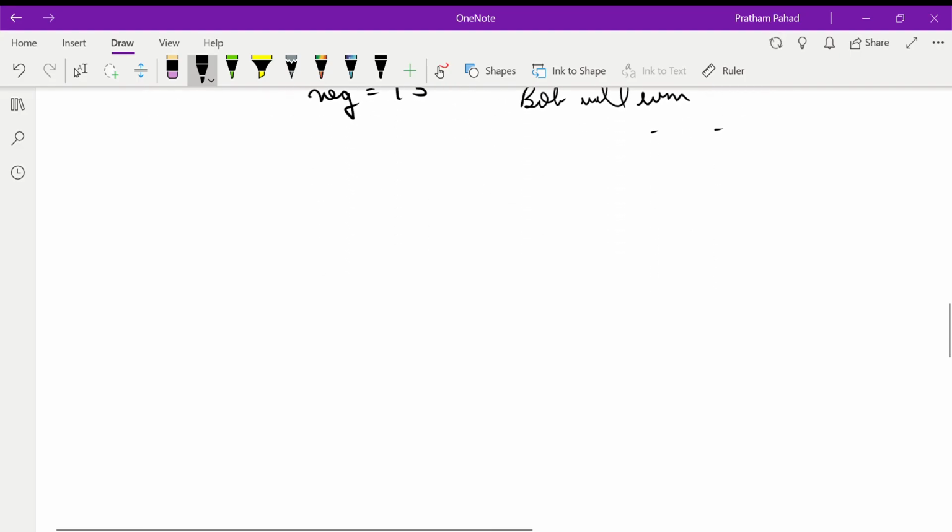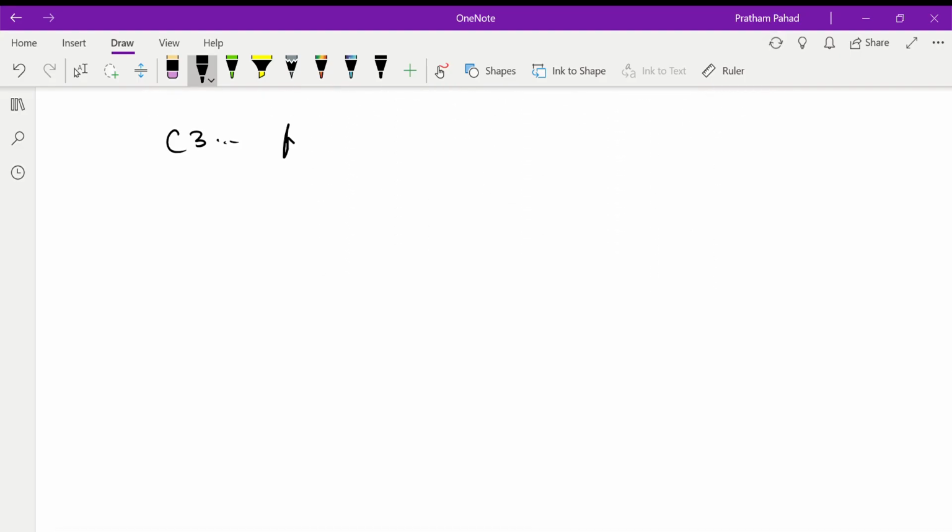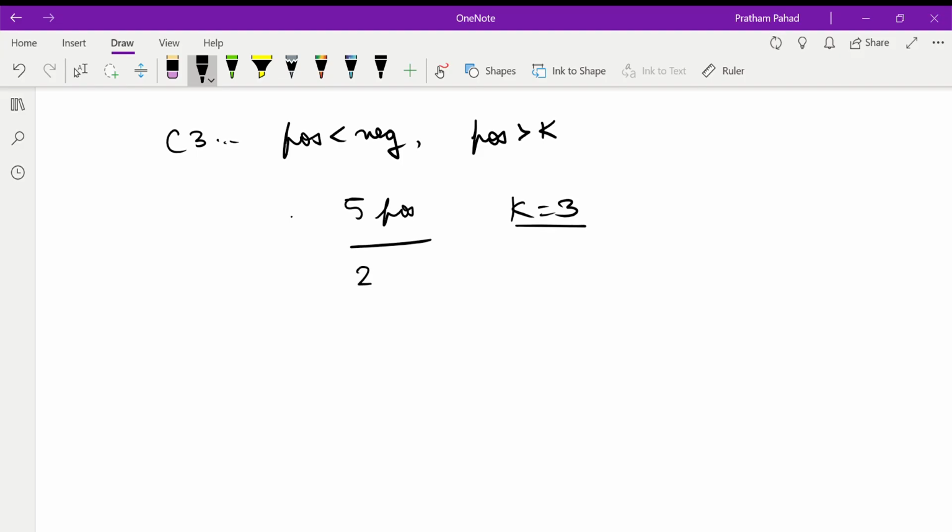Another case can be case 3, when your positive is less than negative and your positive is greater than k. Okay, in this case, Alice will not be able to exhaust all the positives. Let's say you have 5 positives and k is 3 only. So if you use 3 positives, your 2 positives will still be remaining. So you will not be able to use all the positive numbers.